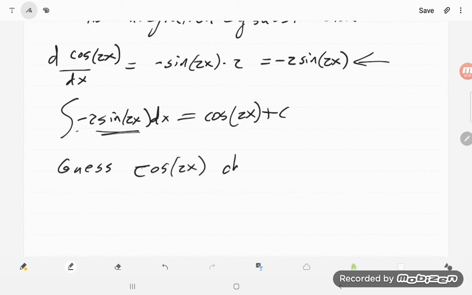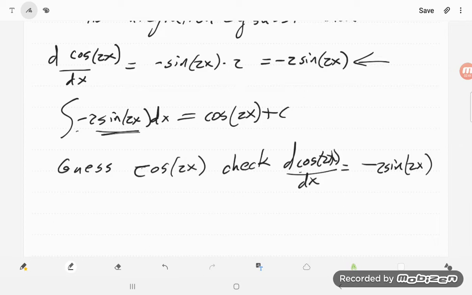And then I could check it. When I check it, I take the derivative of cosine of 2x with respect to x, and I would get my minus 2 sine of 2x. And everything would be great. And I go, oh, yeah, okay, that's what it is.